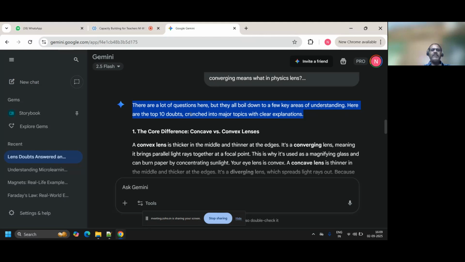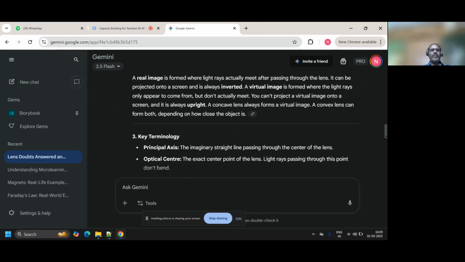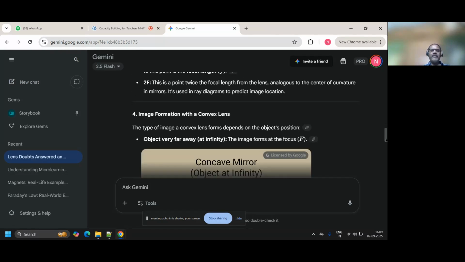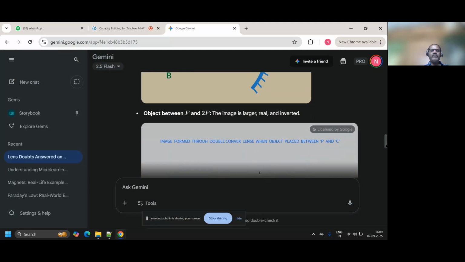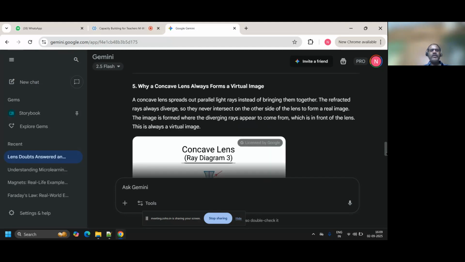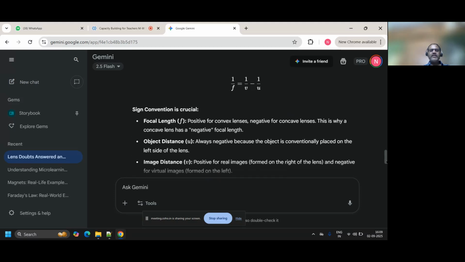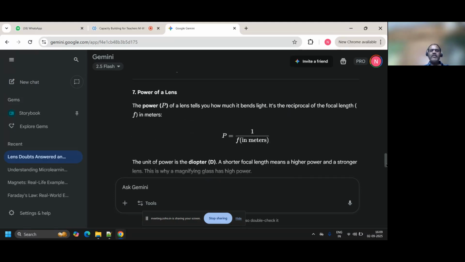Here are the top 10 doubts crunched into major topics. Explain the core difference between convex and concave, key terminology, image formation and lens conversion, object between f and 2f, what do you mean by power of a lens.